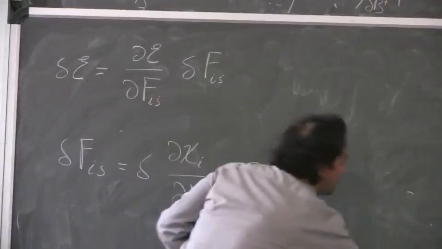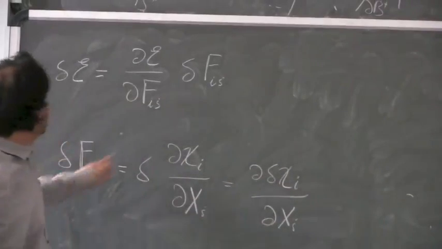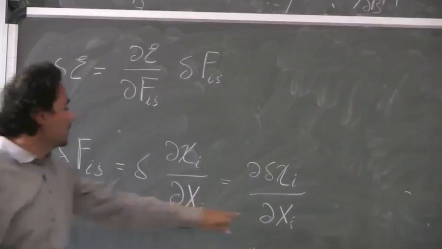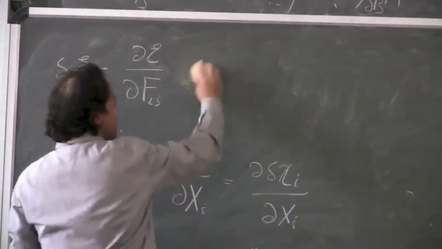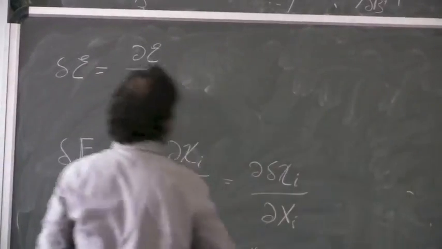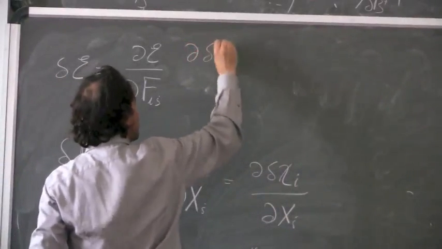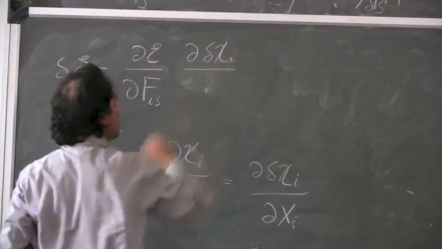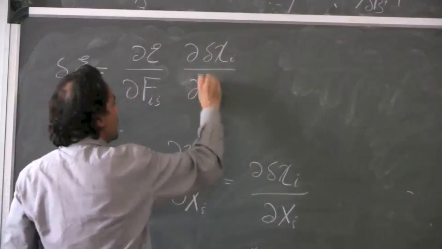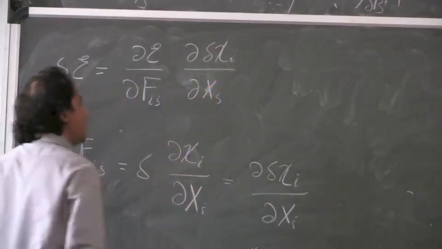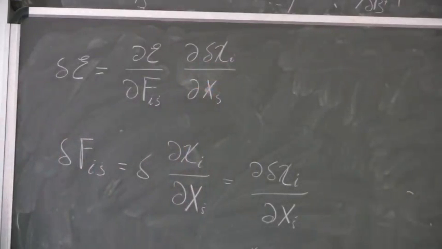So here, instead of writing delta Fij, we can replace this: the derivative of the i component of the variation of the placement, derivative of this with respect to Xj.